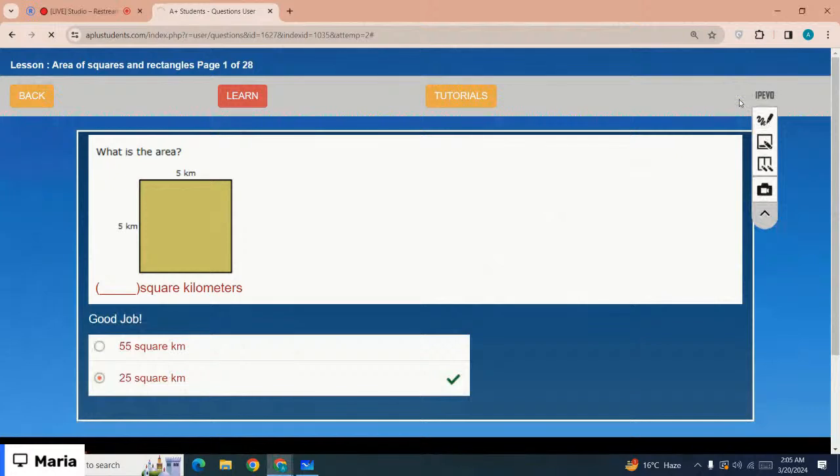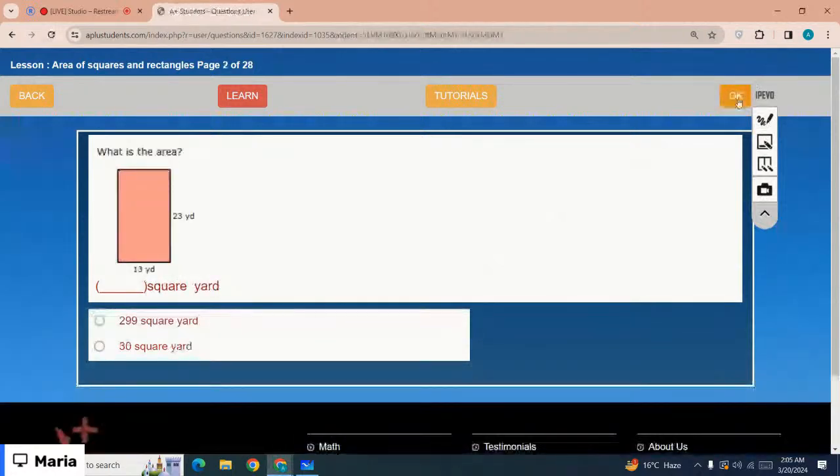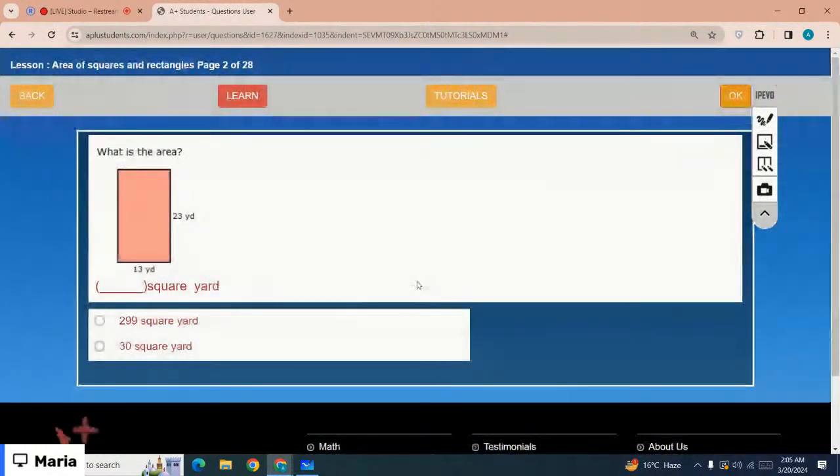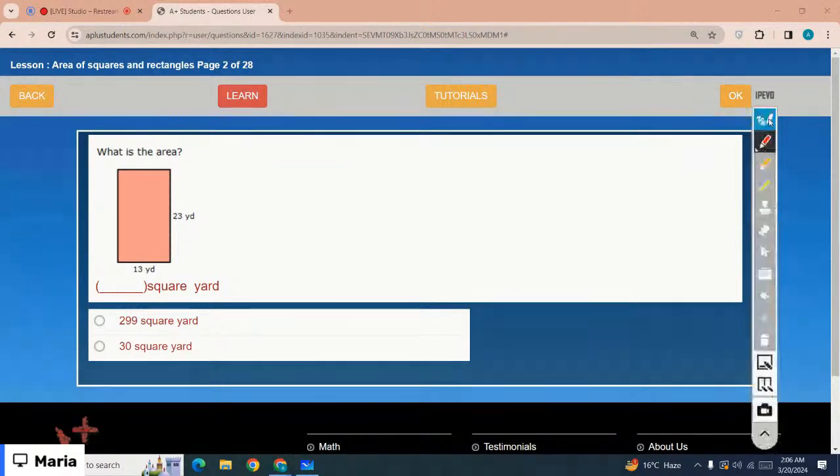The next one is, what is the area? So you are given the rectangle, you need to find the area of the rectangle. So area of the rectangle is base times height. This is the height of the rectangle and this is the base.